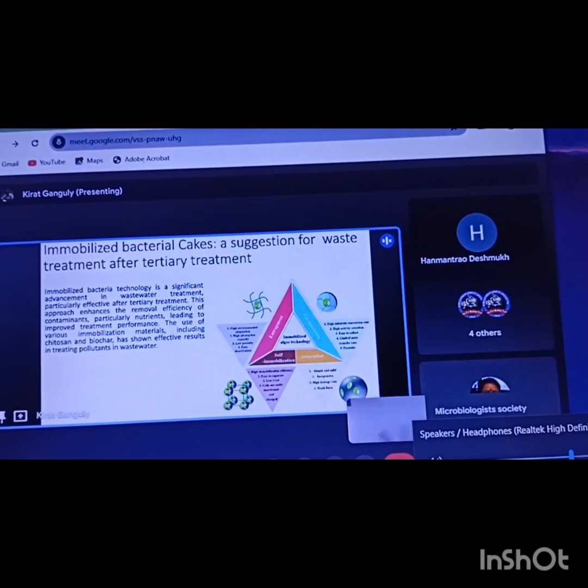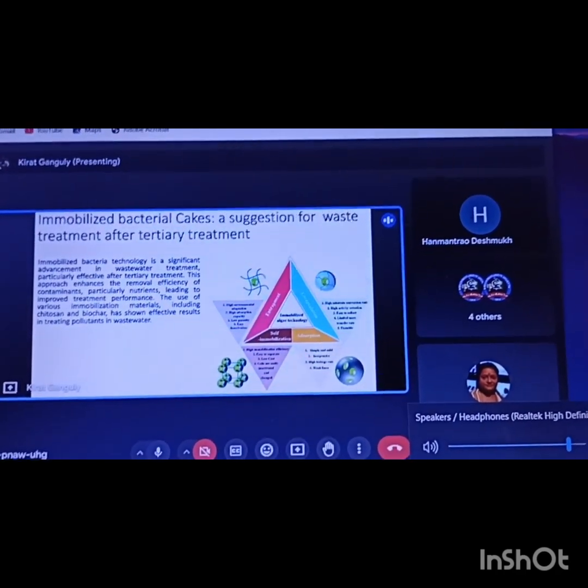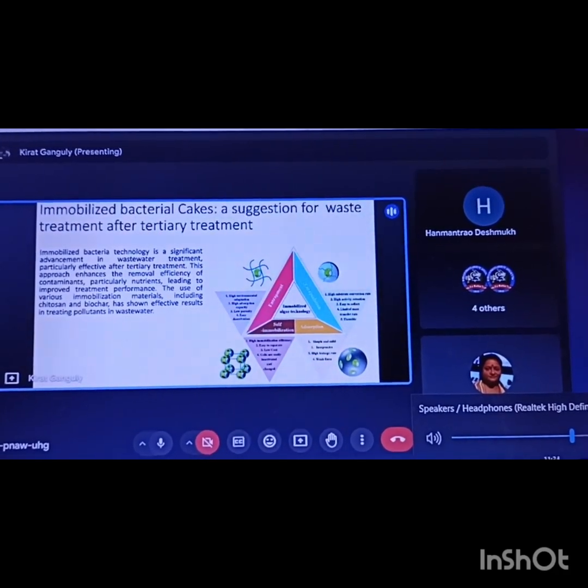Actually, some kind of encapsulation is also used. That is encapsulation with sodium alginate. We do that in our lab, sodium alginate beads, which entrap the bacteria within them.